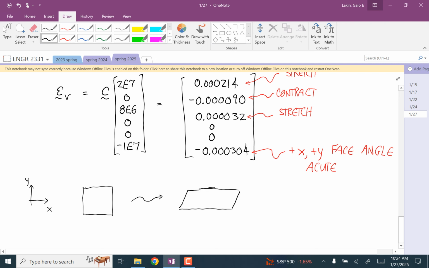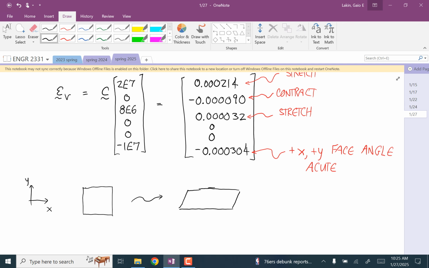Is this a pretty realistic image of the size of the change? Not at all. The fractional difference in the lengths needs to be on the order of 1 × 10⁻⁴, and those angles in radians need to be on the order of 1 × 10⁻⁴. So you wouldn't even be able to see it with your eyes, but this gives you an idea of the trends.